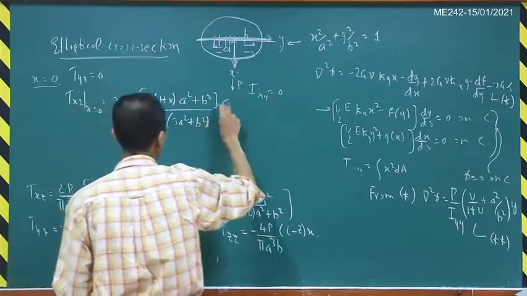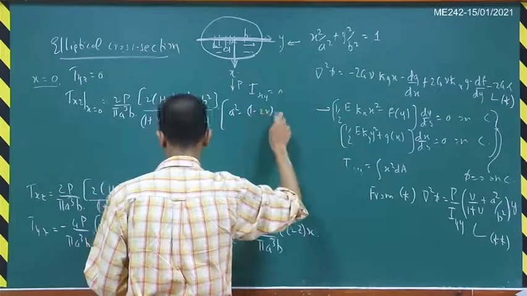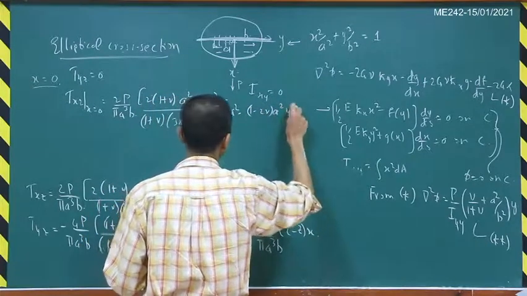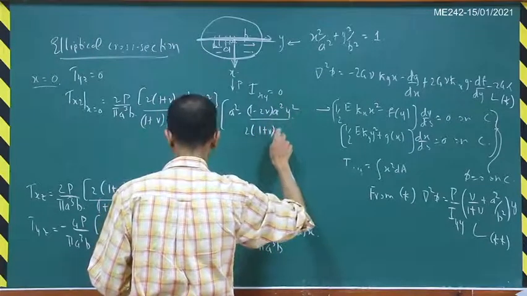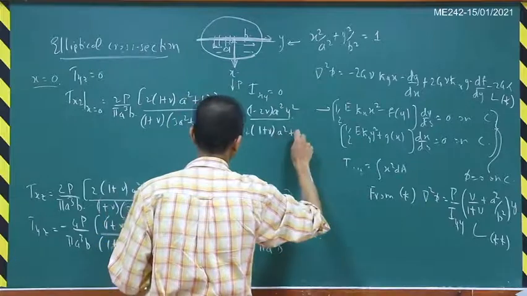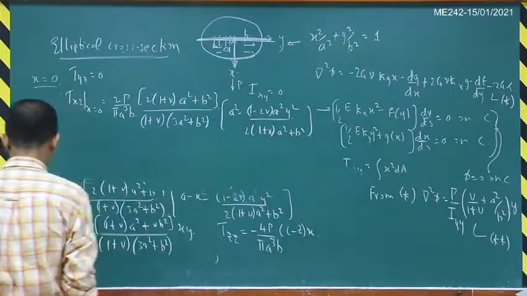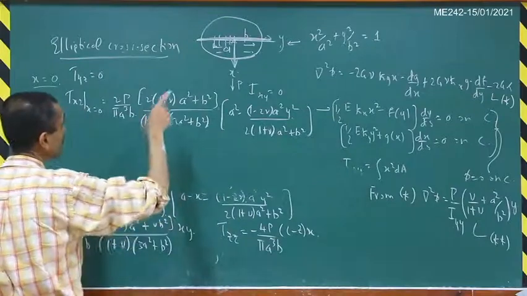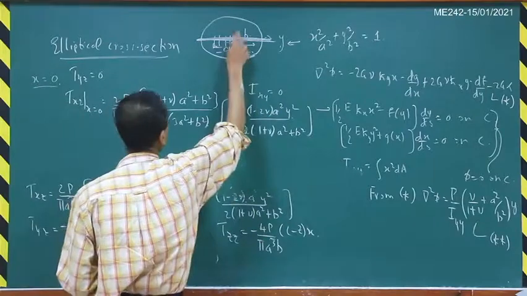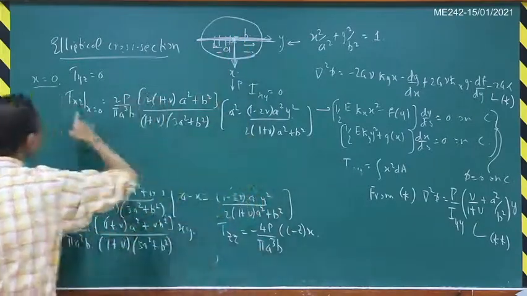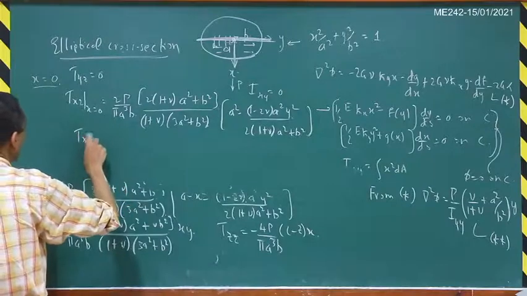So this is times a square minus 1 minus 2 nu times a square y square divided by 2 into 1 plus mu times a square plus b square. So this one has a maximum value at y equal to 0. Basically at the origin here you will get the maximum value. So this is the tau xz max.